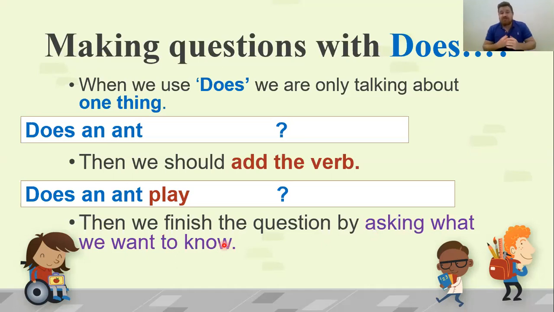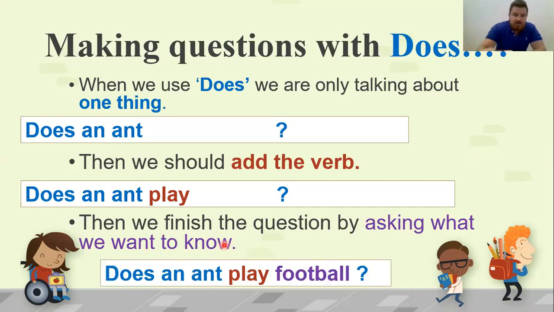Okay, if I want to know if an ant plays basketball, then I say, does an ant play basketball? If I want to know if the ant plays the piano, then I will say, does an ant play the piano? Okay, I want to know, does an ant play football? Do you think an ant plays football? No, I don't think so.